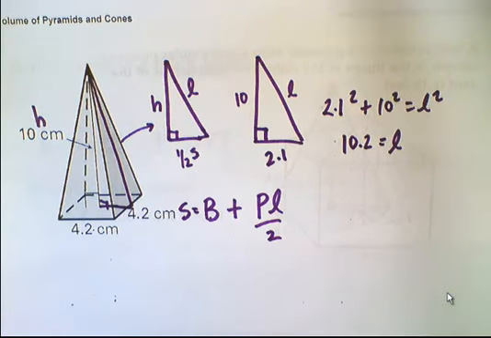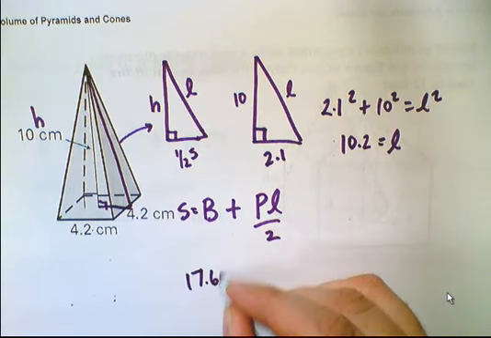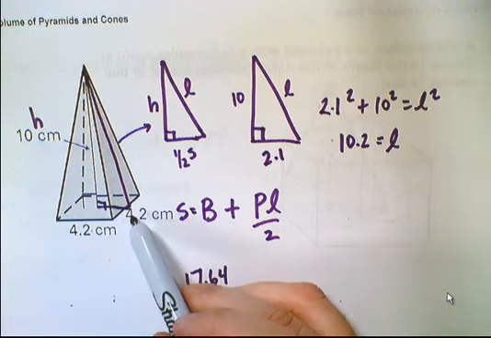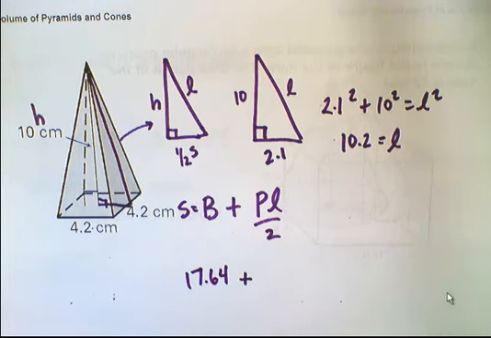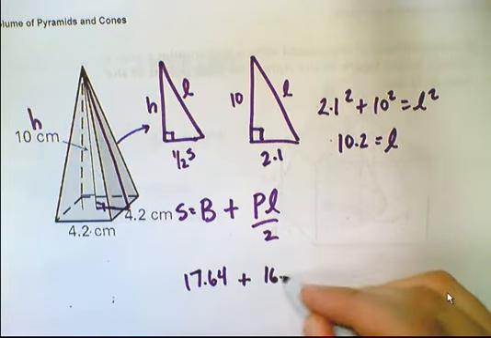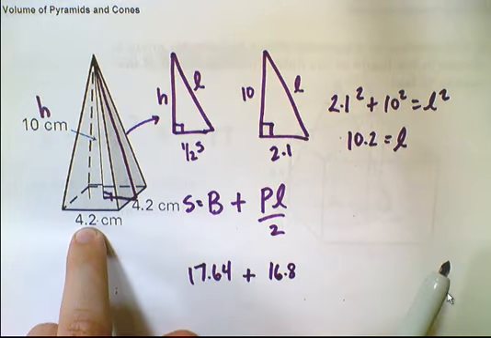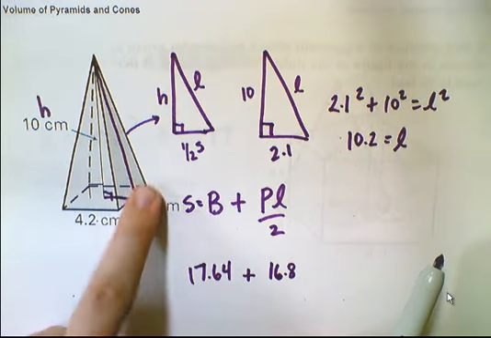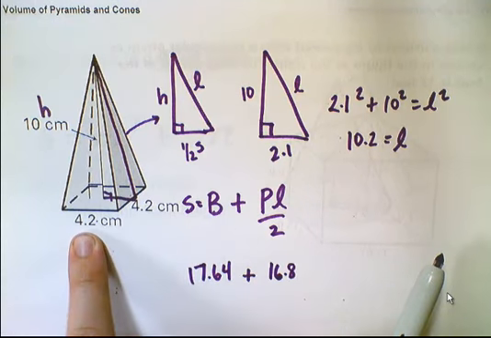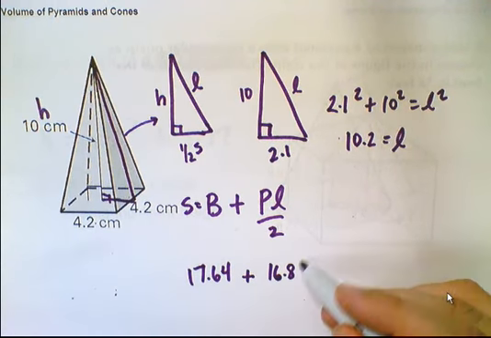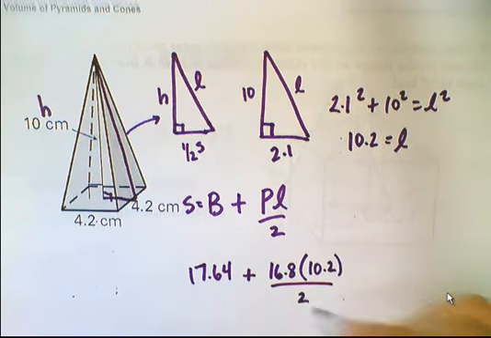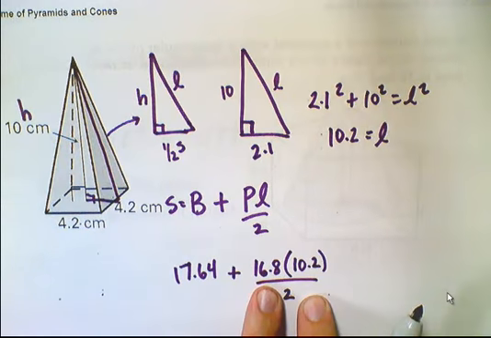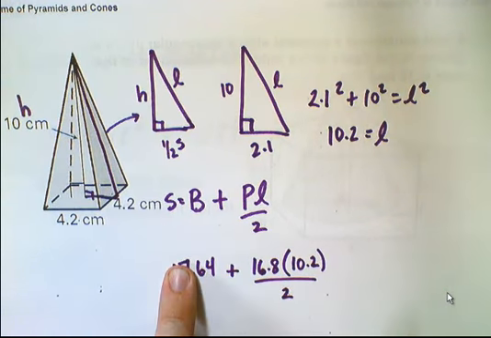So area of a square is side squared. 17.64 is what we get when we multiply 4.2 times 4.2, plus the perimeter, which is 16.8. That's multiplying four sides all the same length, 4 times 4.2, multiplying the slant height in there, 10.2, and dividing that by 2. Make sure you do this separately in your calculator before going on to this.